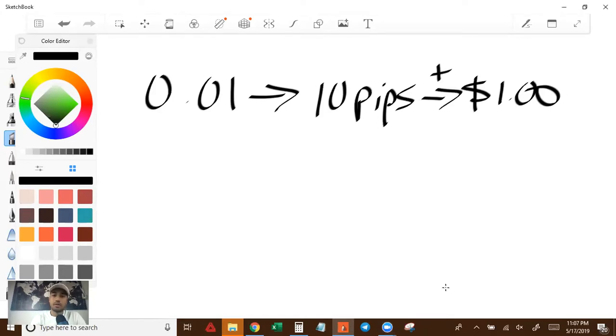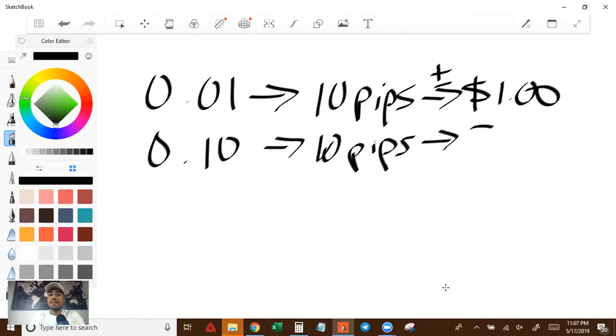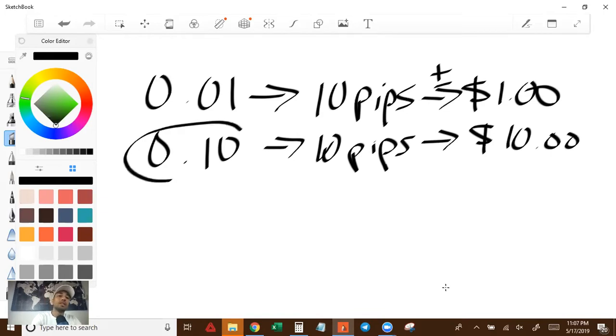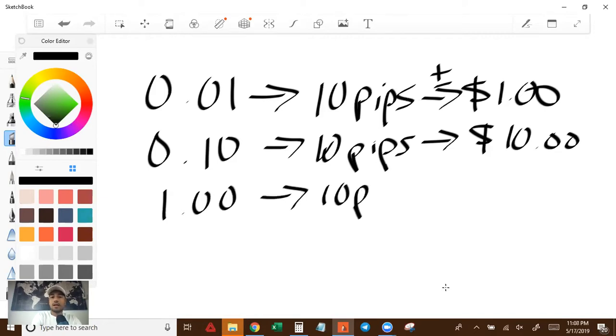So that's plus or minus. All right, so now let's say you got in at a 0.10 lot size, and it moved 10 pips. That is moving $10, okay? So understand that it's the same amount of pips, it's just the amount of lots that you're going to be using to make that trade. So let's say you got in at a one lot, a standard lot, 10 pips, and that is $100, okay?